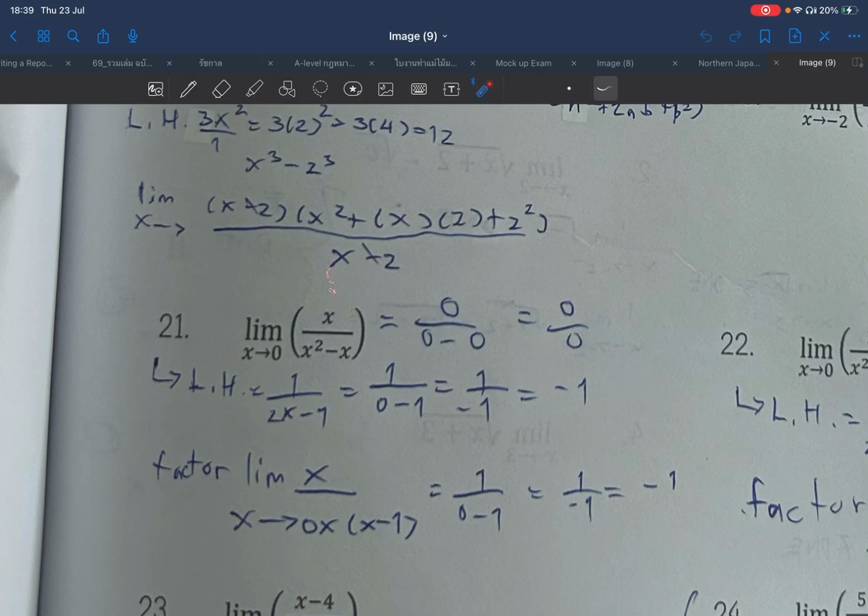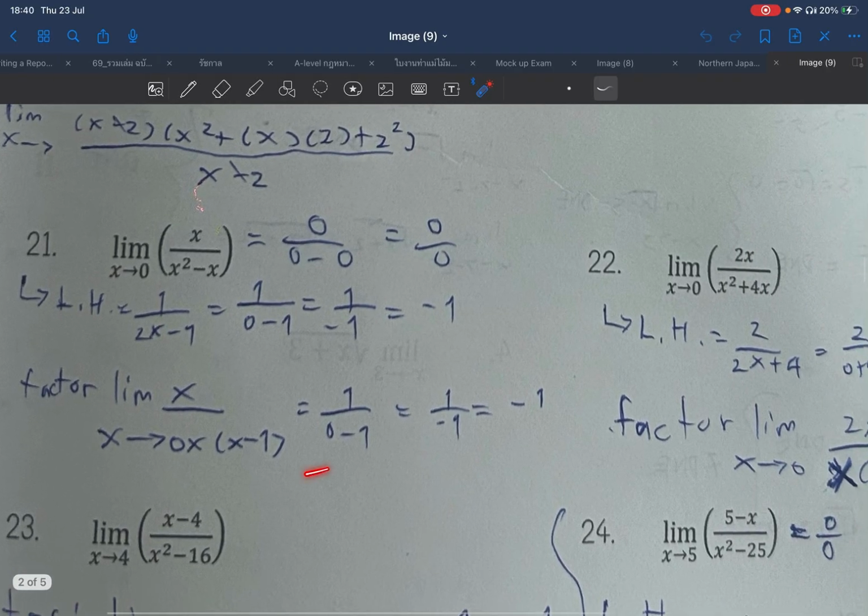So we should cancel x to get 1 over x minus 1. Substituting x as it approaches 0 yields 1 over 0 minus 1. So we should get 1 over minus 1. Simplifying this, we should get minus 1 as the final answer.